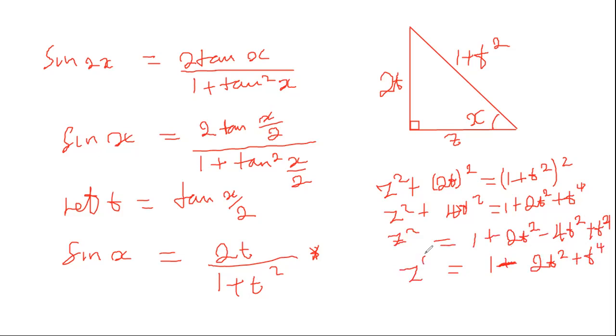We can simplify that and write it as 1 minus t squared, all squared. Then we take square root both sides to find the value of z. So taking square root both sides, our z is going to be 1 minus t squared.